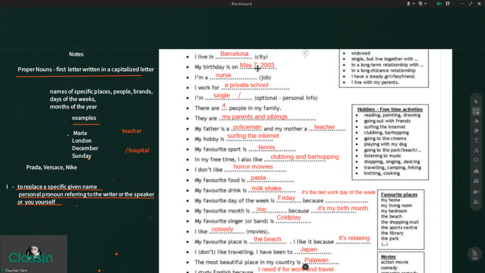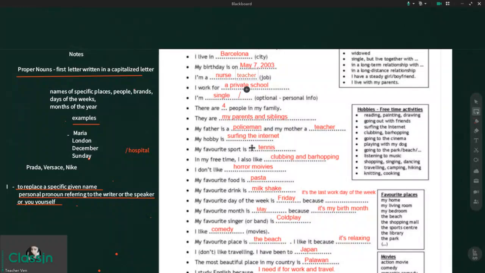And then the date, the birth date, and the birth year. That's the correct format. For your occupation or your job, here it's written, I'm a nurse. Or for example, if you are a teacher, you can write it there.